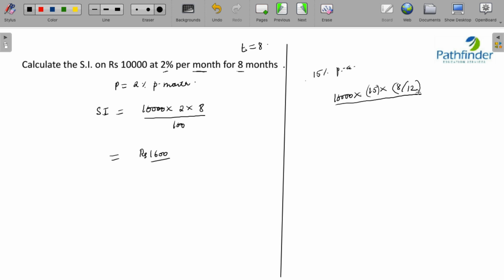So this time also has to be converted in terms of 1 year or years. The unit of the time should also be 1 year. In this case, 8 by 12 years upon 100. This will give us the answer.